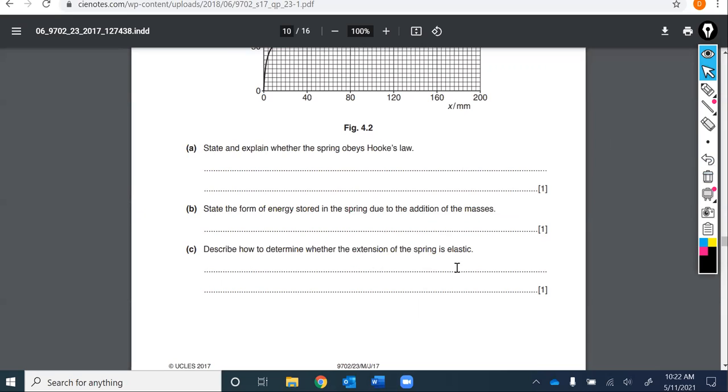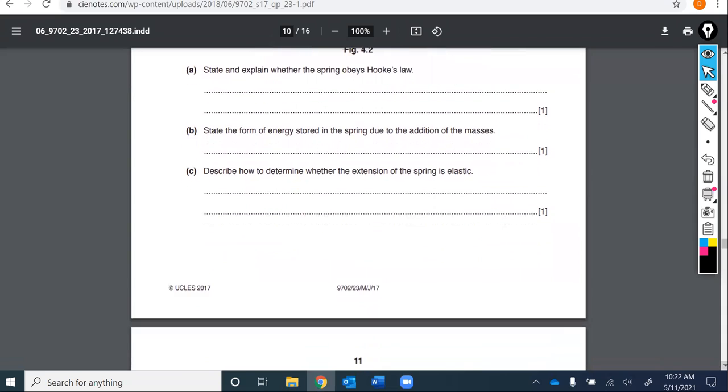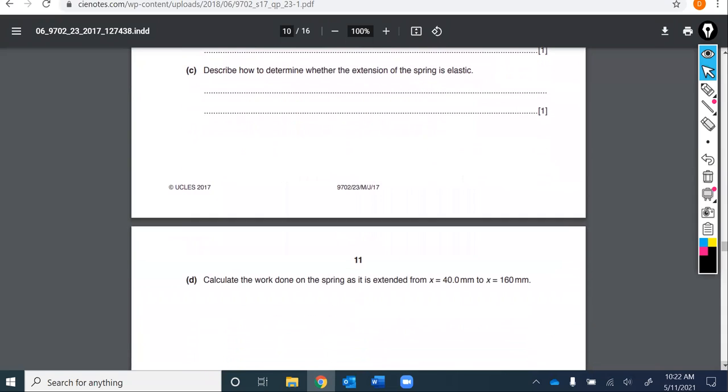If it does, then it was an elastic deformation. The extension was elastic. If it does not return to its original shape, we call it a plastic deformation. That is a permanent change to the spring. So that's how you can determine it. Remove the load and see if it goes back to its original shape. If it does, it was elastic deformation.